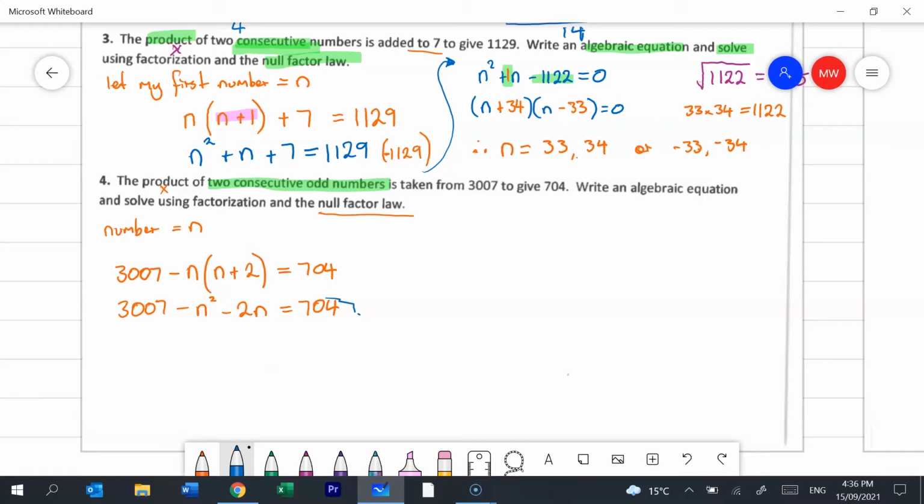Let's get rid of that 704 on the end there, so take it away, minus 704. And as I write out the equation in the next line, I'm going to put it into the format that we're used to seeing it in. Doesn't matter, but it's just going to make it a little clearer and a bit easier for us to work with.